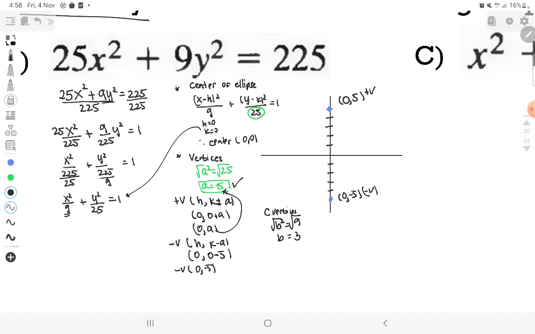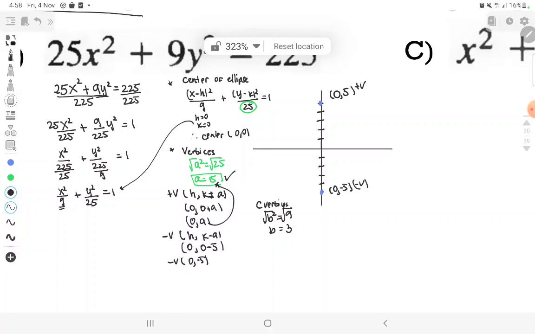Okay? So from here, I can have my co-vertices, which are at 3, 0 and negative 3, 0. So we have 1, 2, 3, 1, 2, 3. So we have 3, 0, negative 3, 0.